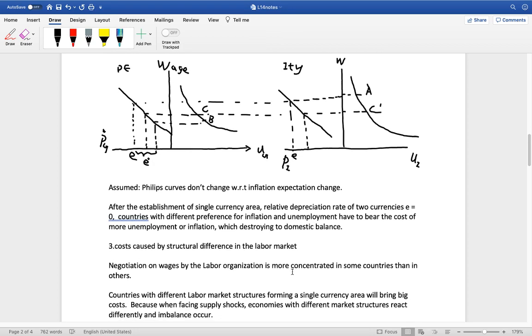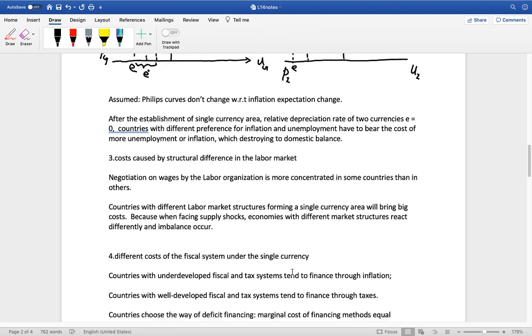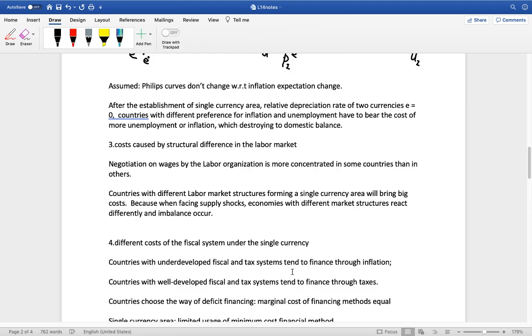So the next cost is the cost caused by the structural difference in the labor market. The countries have different labor market structures with the labor organization. Wage negotiation by the labor organization is more concentrated in one country than in other countries.